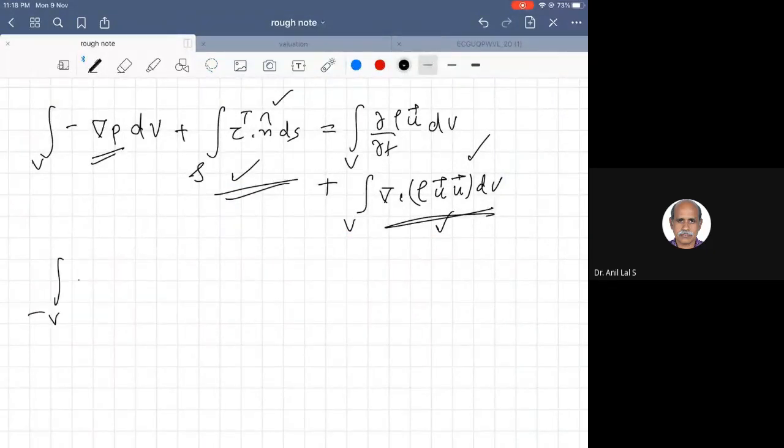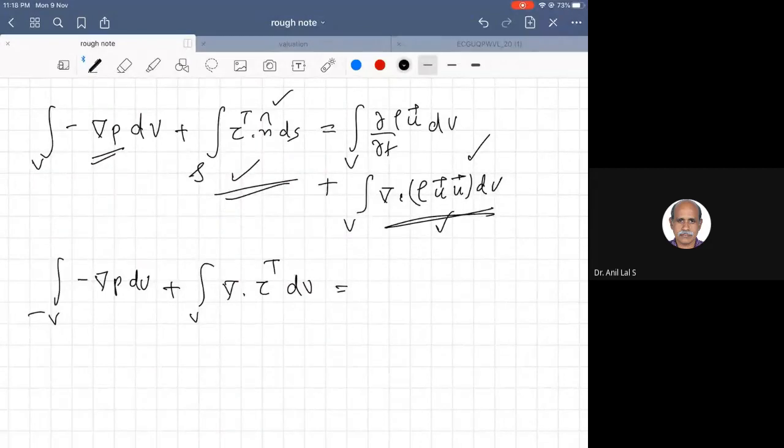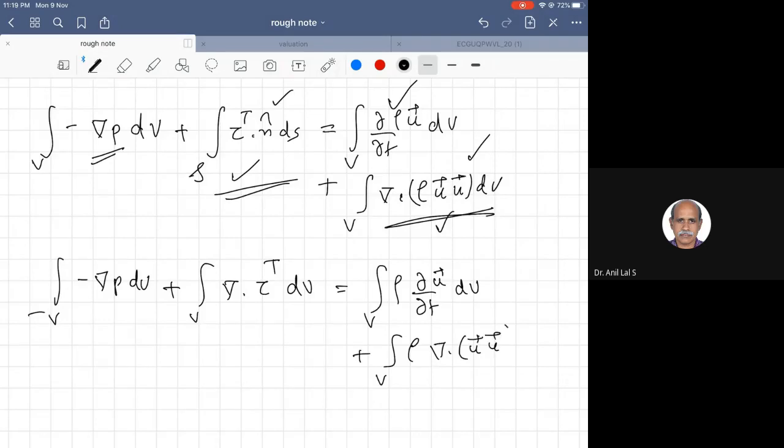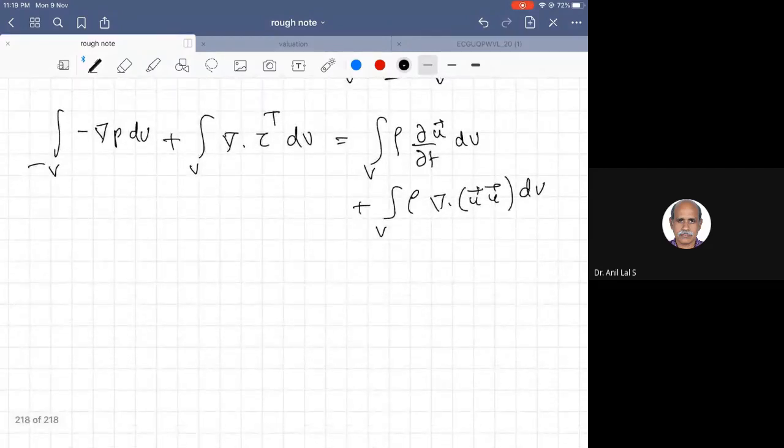The integral over the control volume of del dot tau transpose dV is equal to, because of incompressibility, we can take rho outside, the integral over the volume of rho dou u by dou t dV plus the integral over the volume of rho del dot uu dV. Now, since everything is a volume integral, we can combine them.